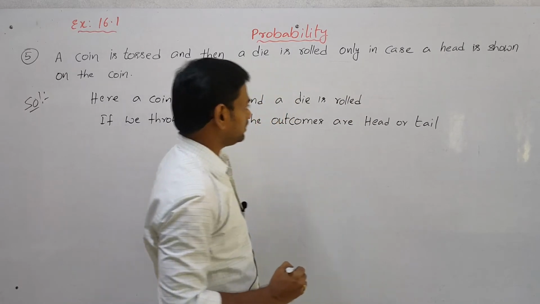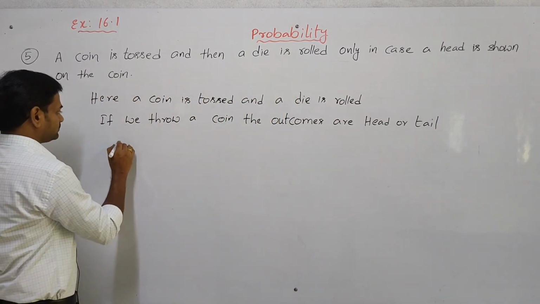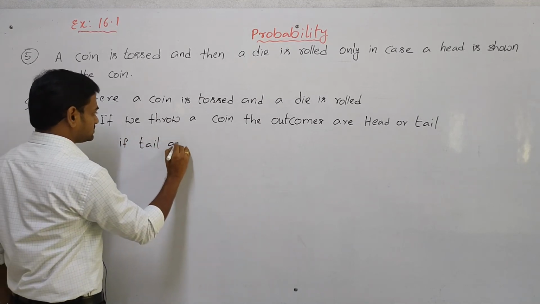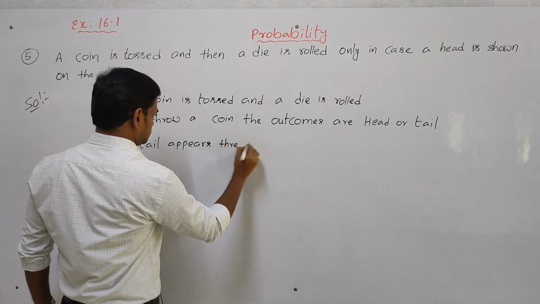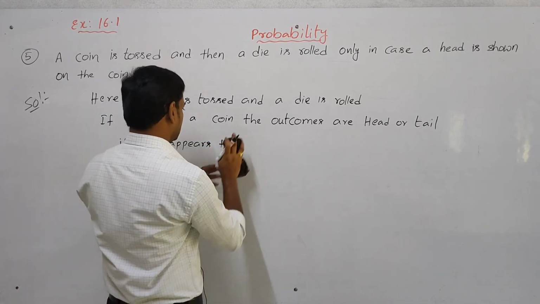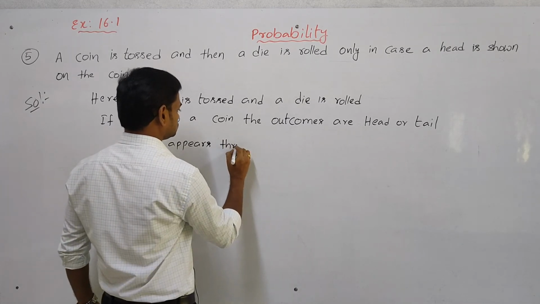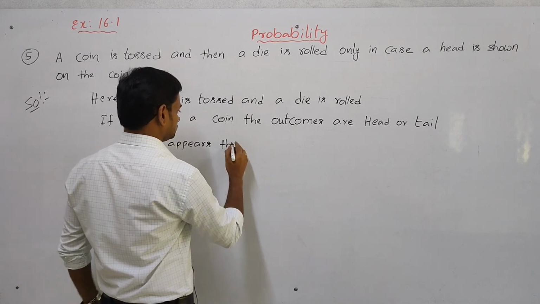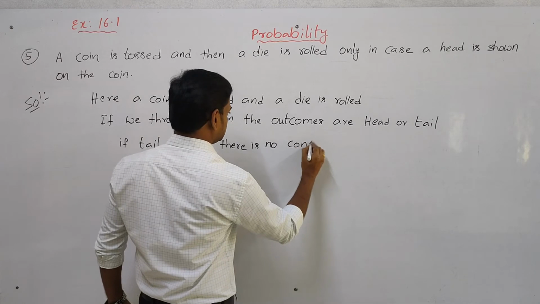The outcomes are head or tail. If tail appears, there is no condition.